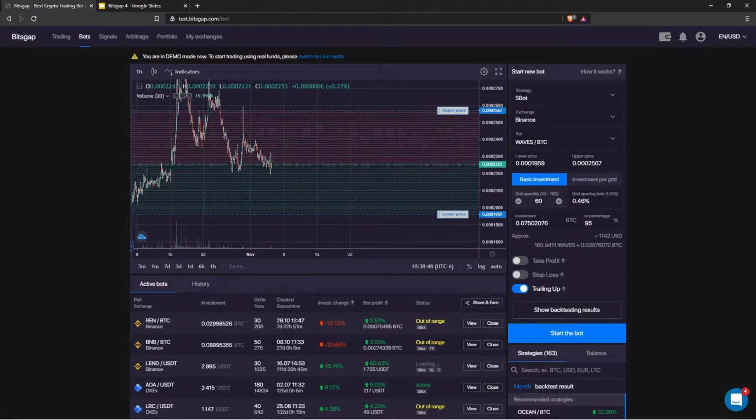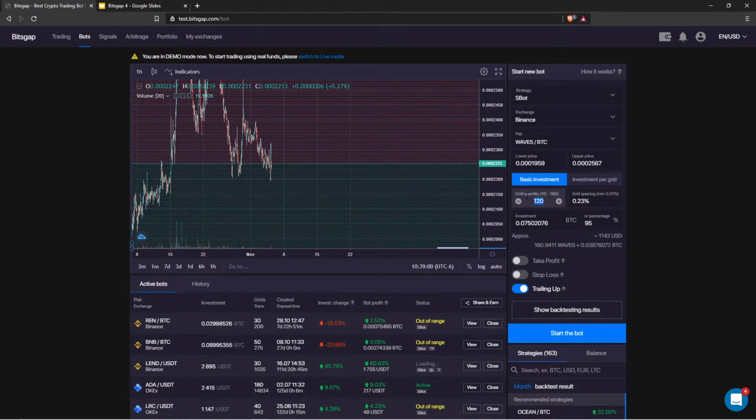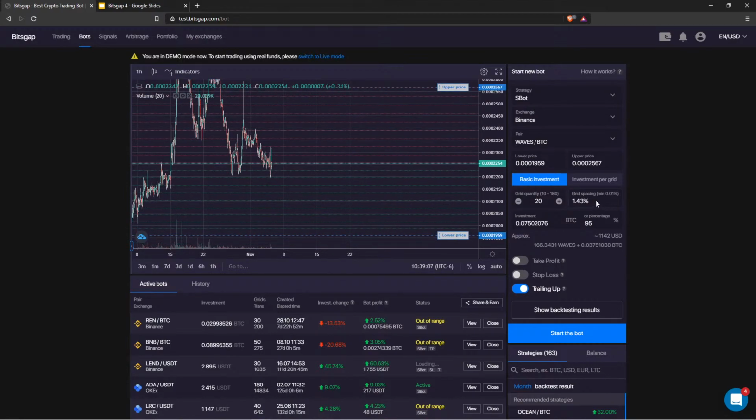And of course, the more grid levels you have, the lower is your marginal profit, because orders are too tightly placed to each other. The fewer grid levels you have, the larger is going to be your marginal profit. So here it is, 1.43, which stands for grid spacing. In other words, that's your marginal profit potential.